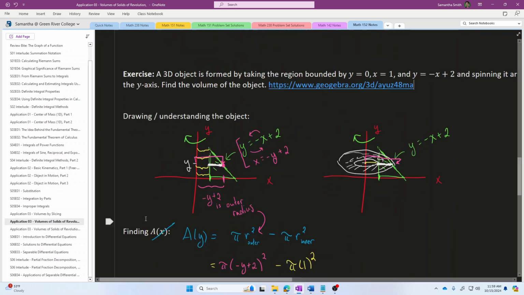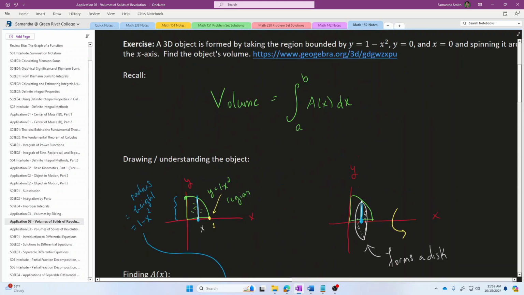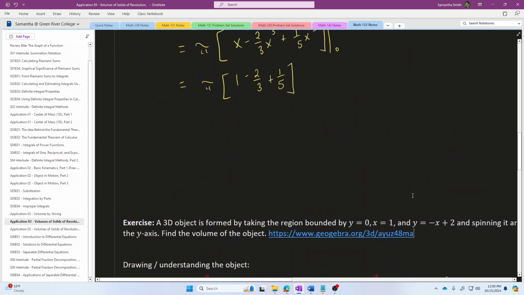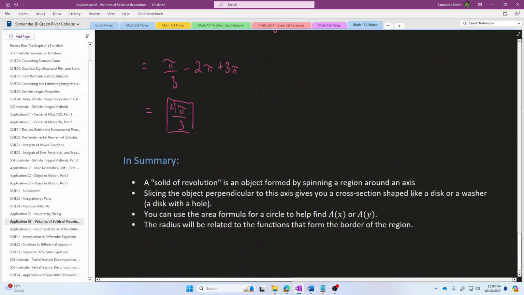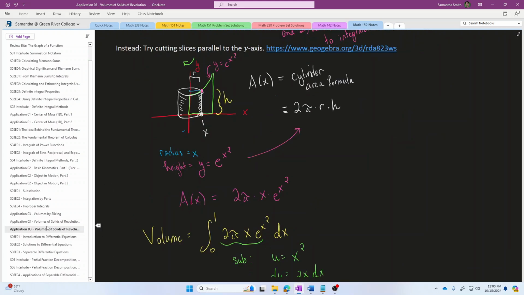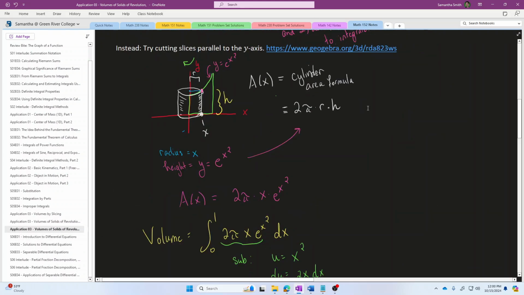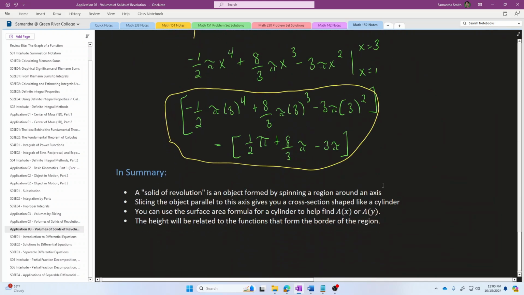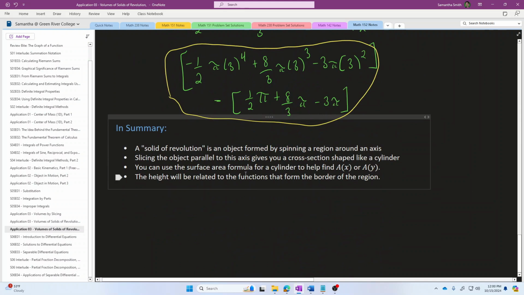And therefore, you can use the area formula, either the formula for a disc or the formula for a ring, or the formula for a cylinder, to help you to find the area of the slice that you just made, an area function for the slices in your object. And once you have found the area formula, then all you have to do is integrate that area formula, and that will give you the volume of the object.